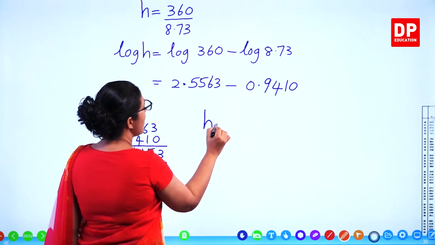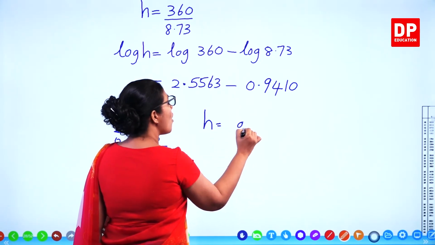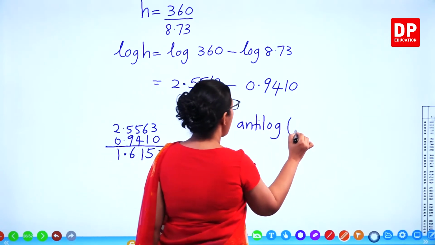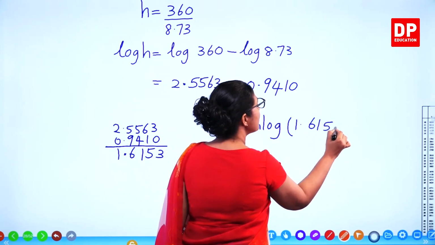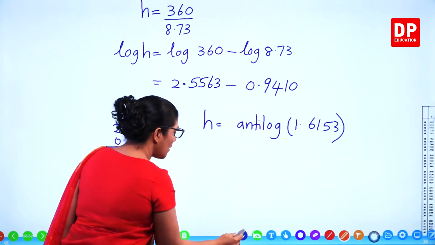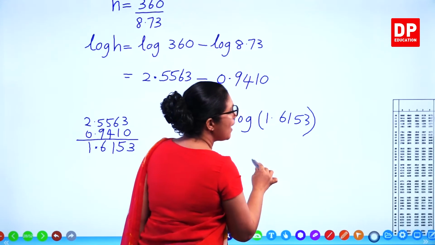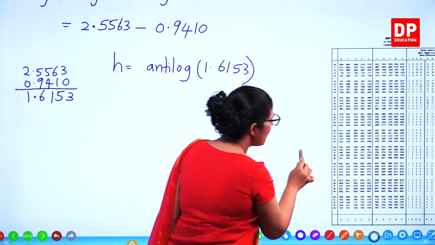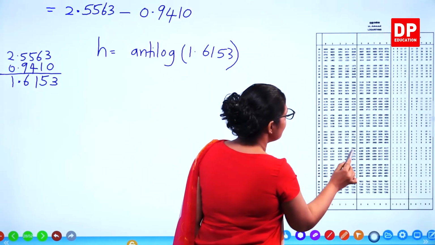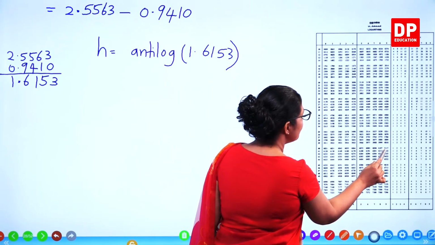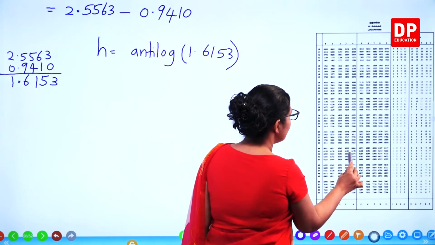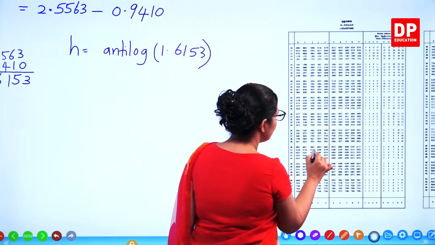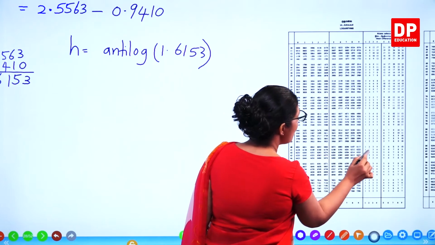So H becomes the antilog value. We have to find the antilog value of 1.6153. 6153, where we can find 6153, 49 is there. We need another 4.